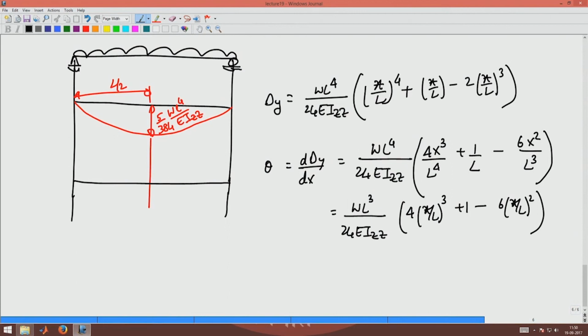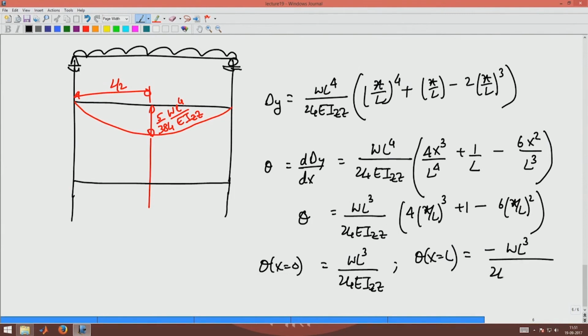Now, what is this theta? Theta at x equal to 0 is W L cube by 24 E I ZZ, and theta at x equal to L would be minus W L cube by 24 E times I ZZ, right.